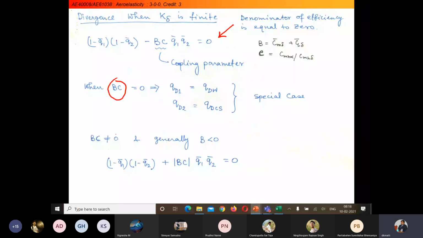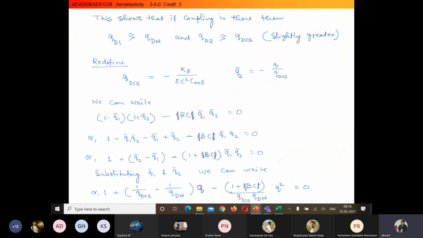So BC not equal to 0, and as I discussed earlier, B is normally less than 0. That gives us 1 minus Q1 bar into 1 minus Q2 bar, then taking the mod of BC multiplied by Q1 bar Q2 bar equal to 0. This shows that if coupling is there, then QD1 will be greater than or equal to QD wing, and similarly QD2 will be greater than or equal to QD control surface.